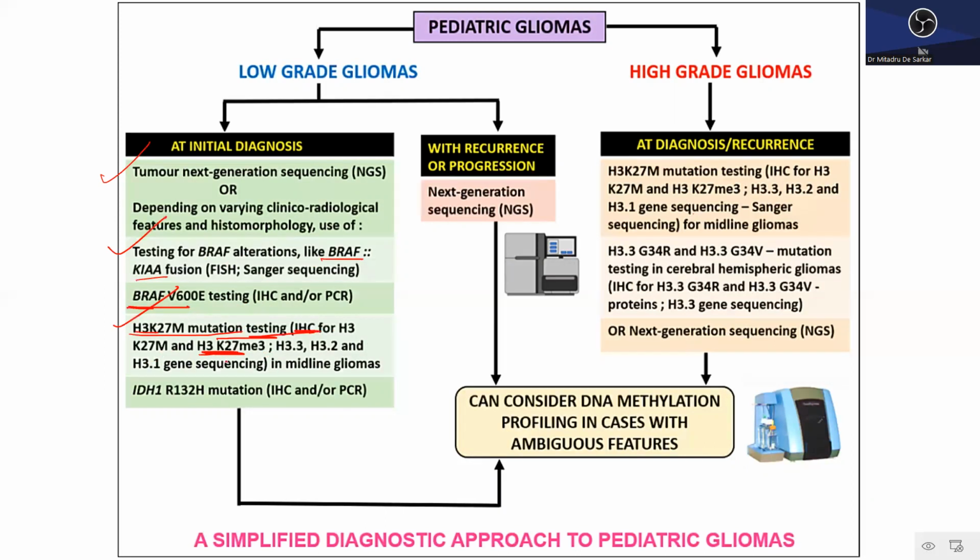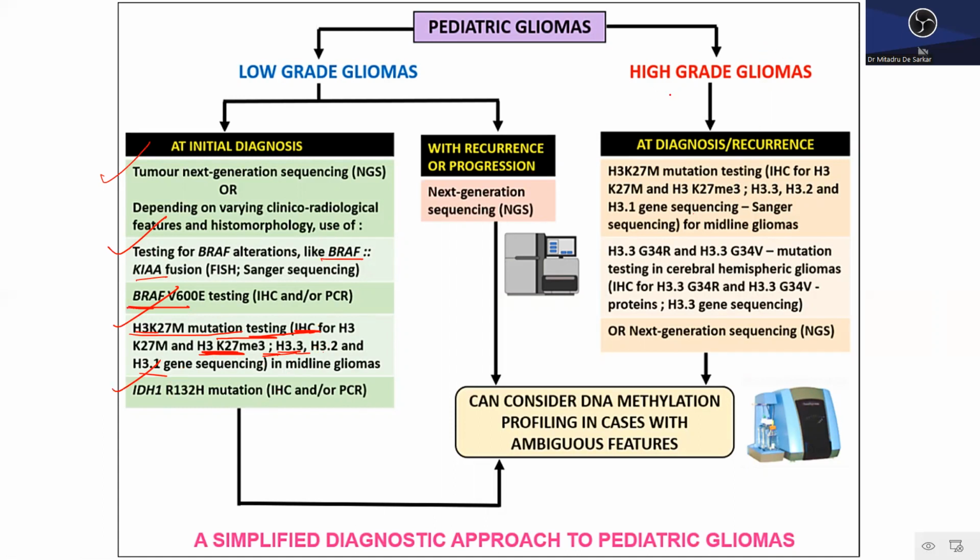And in some cases, you will need to opt for gene sequencing of H3.3, H3.2, or H3.1 variants. And you will also need to do IDH1 R132H mutation testing in order to exclude the slightly uncommon but still sometimes seen category of IDH-mutated astrocytic tumors.